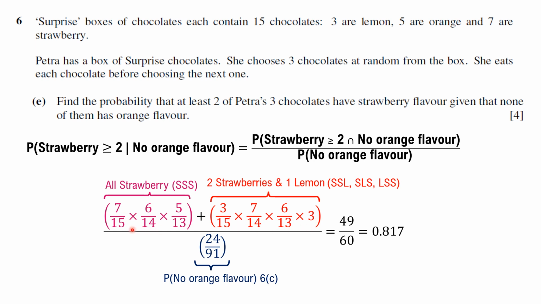And this is going to be divided by the probability of having no orange flavor, which is going to be 24 over 91, which is coming from the previous question 6c. And this is going to be simplified into 49 over 60, and that's going to be equal to 0.817.